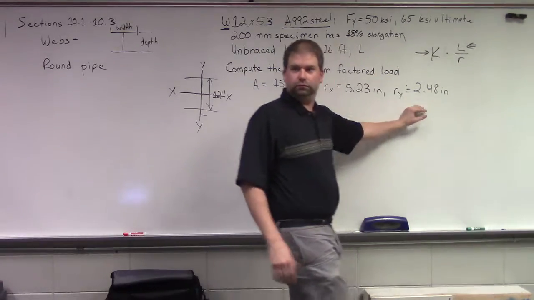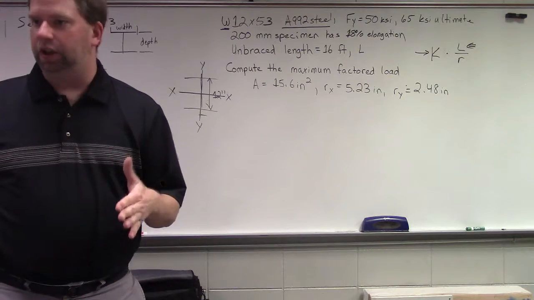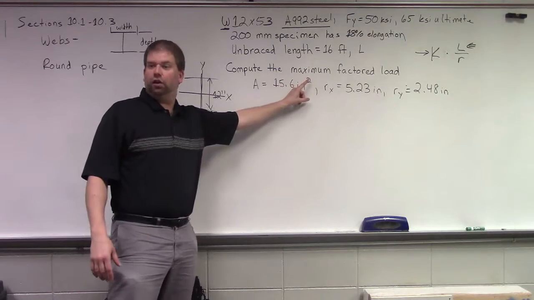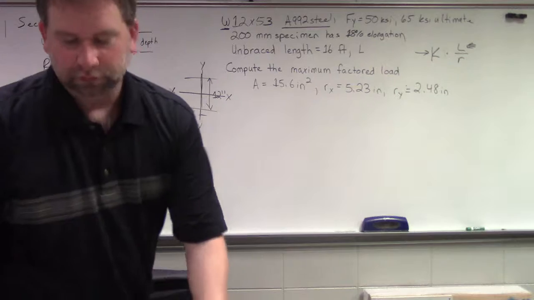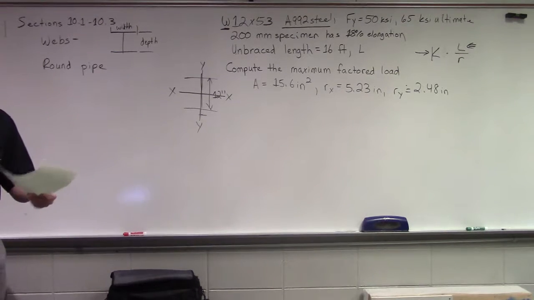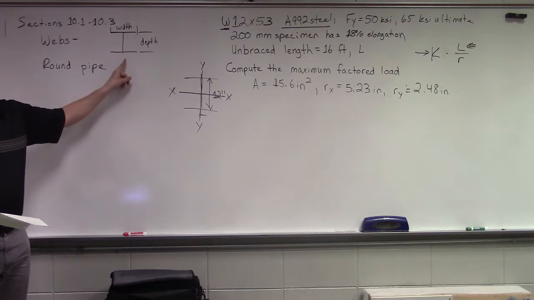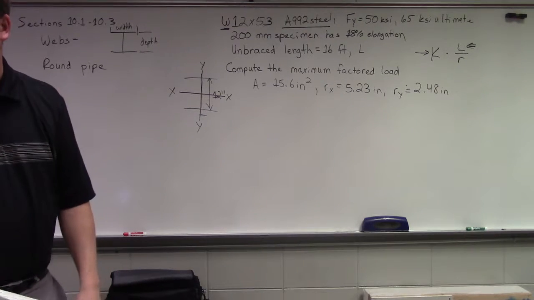Generally speaking, the smaller one is what drives your maximum factor, so we're always going to look for RY for our equation, unless you're specifically asked to determine it for both dimensions. Remember, if we're in a situation where we do not have close to a 1-to-1 ratio, then we're definitely going to be interested in doing that calculation. That's a good question.